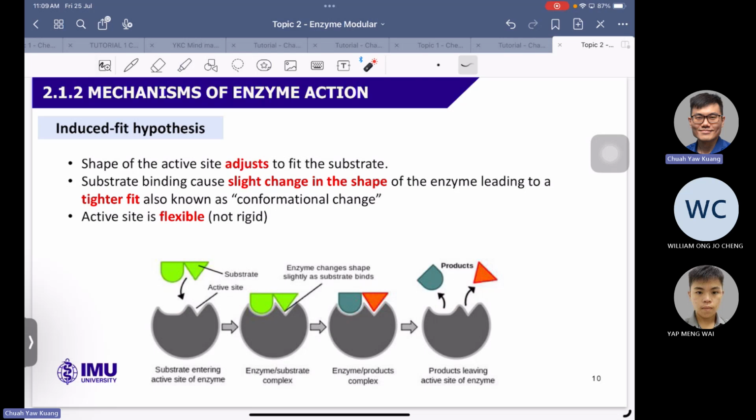The substrate binds to the active site, causing a conformational change of the enzyme structure, and thus the active site changes a bit to perfectly fit the shape of the substrate. Then they catalyze the reaction. That's how induced fit works. That is the mechanism.